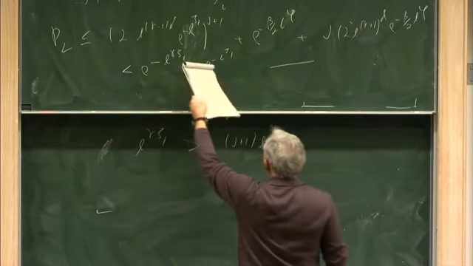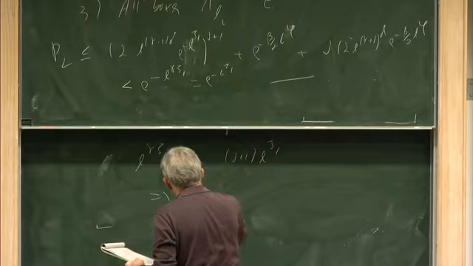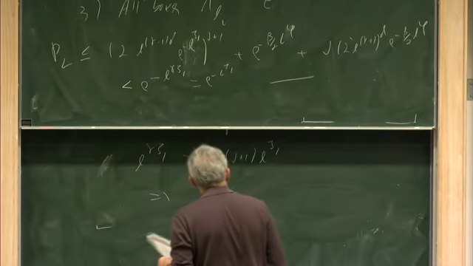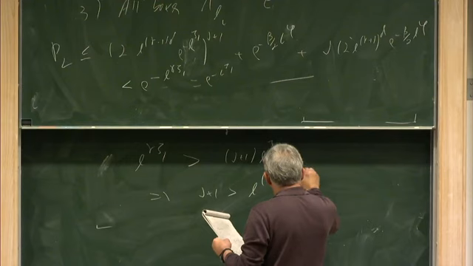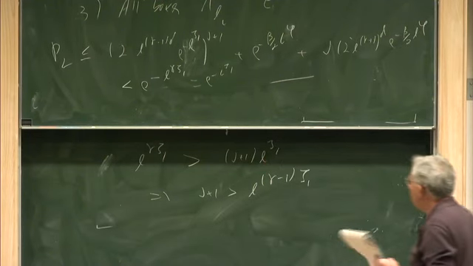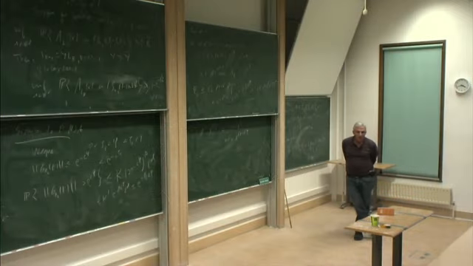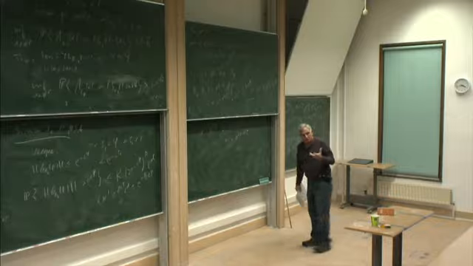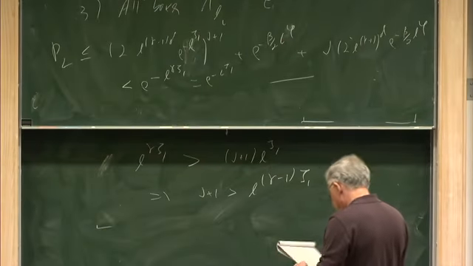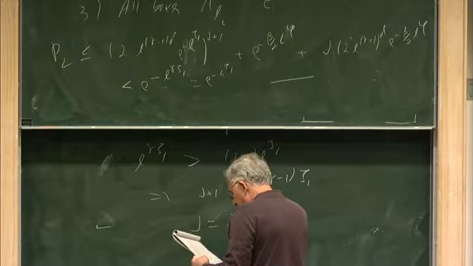Otherwise, this term cannot be smaller than this. But this tells me that J plus 1 now is going to be bigger than L gamma minus 1 zeta 1. The number of bad boxes now is going to grow with the scale. But of course, this is much smaller than capital L because this is gamma minus 1. It's not gamma. So, we take J depending on L.